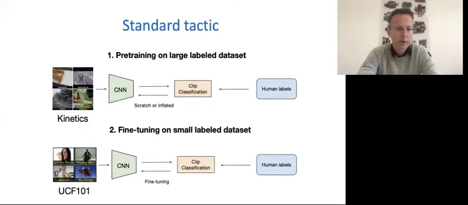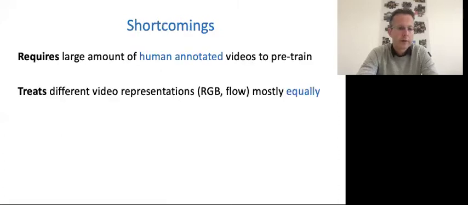Now, the shortcomings of this approach are rather clear. It requires large amounts of human annotated videos to pre-train. Also, it treats different video representations like RGB and flow, and also audio for that matter, mostly equally.